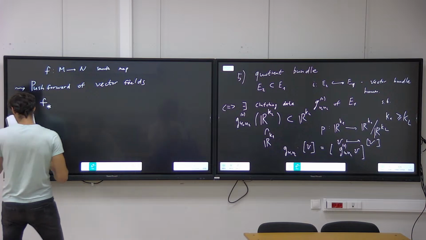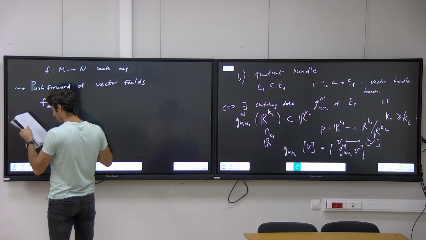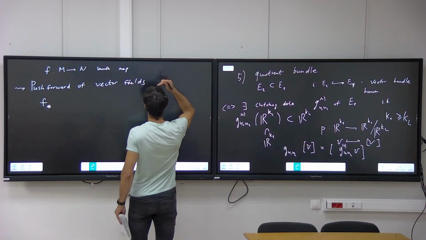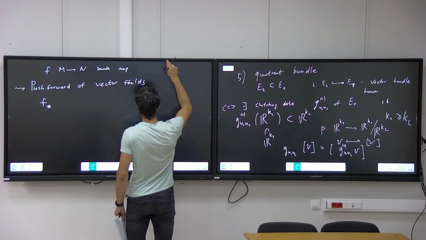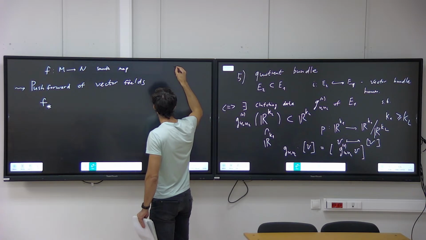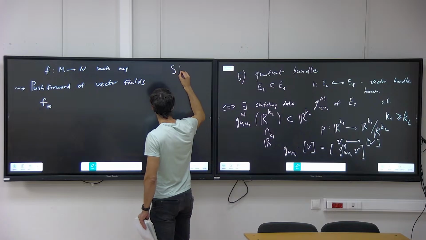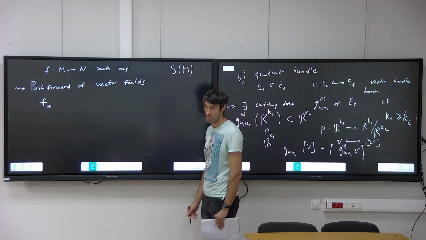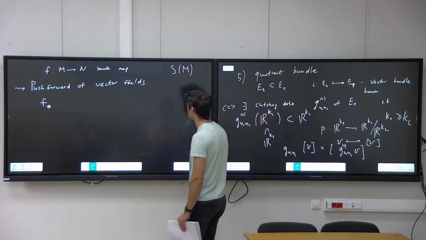So F with lower star will be a push forward. And as for notation, sections on M I was denoting somehow like this in the previous lecture.